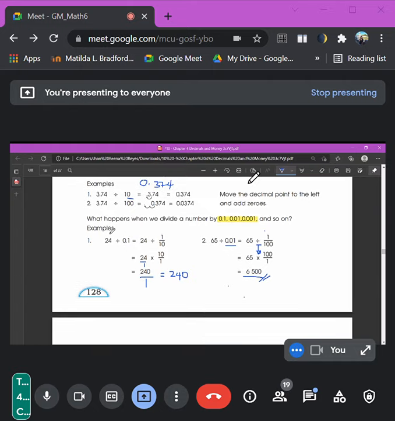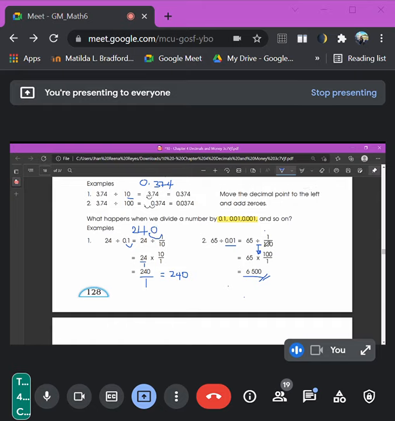The given is 24, and we have one decimal place. Remember, when it is a whole number, the decimal is at the far right. Okay? At the far right. So you move just one place, since there is 1 decimal place here. You move 1 place, so you have 240.